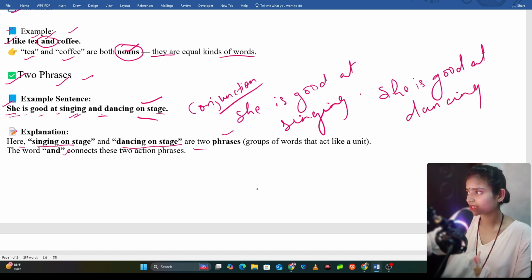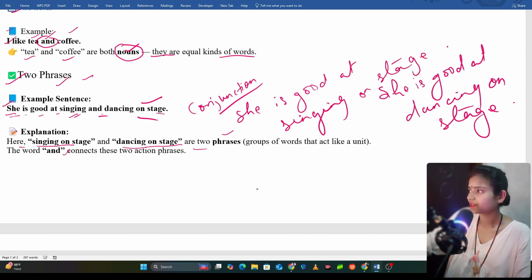Okay, I will also write what? On stage. Here also I will write what? On stage. Okay, now see, there are two sentences. Yes or no? There are two sentences. She is good at singing on stage. She is good at dancing on stage. So here I am getting what? Here I am getting the complete sentence.